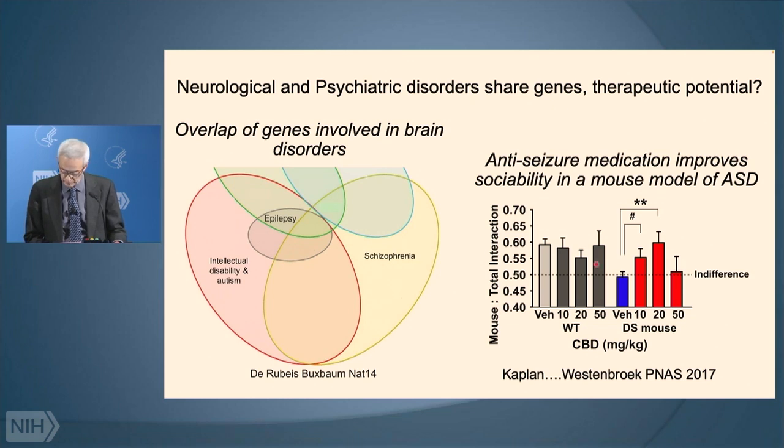And this experiment by Nefi Stella and colleagues shows that if you use CBD at clinically effective doses in man, you can see an improvement in the social behavior of a mouse, bringing it up to sort of control levels as you increase the dose. So the possibility is that an anti-seizure medication might cross over and affect a social deficit that would traditionally be the province of psychiatrists.